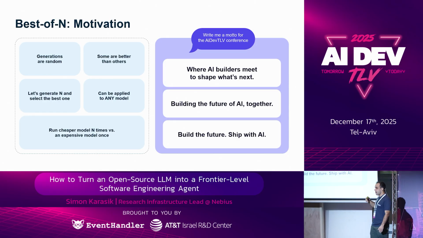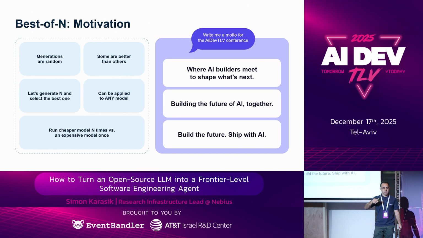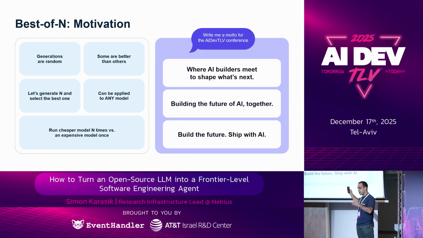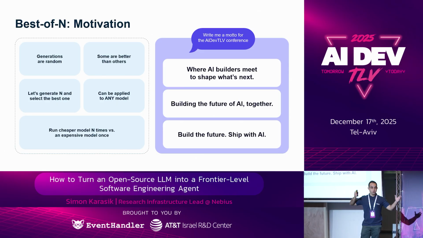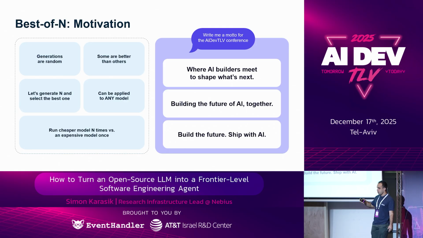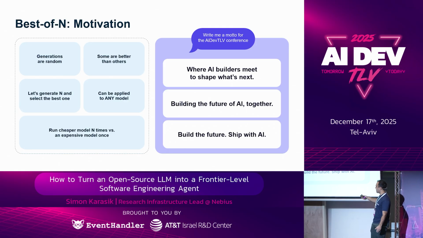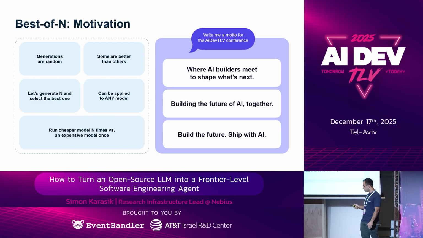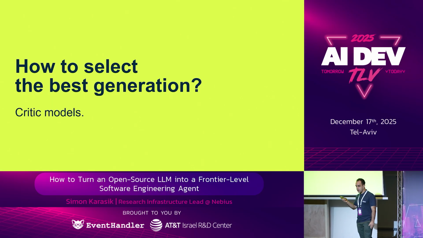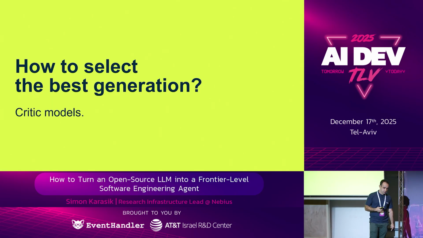So if we had a chance to automatically select the best result, this means that we are able to improve the quality. And this approach can work with any model, with an open model, with a closed model, with a fine-tuned model, it doesn't matter. The main idea here is we can run the model several times and select the best result. So how do we select the best result?